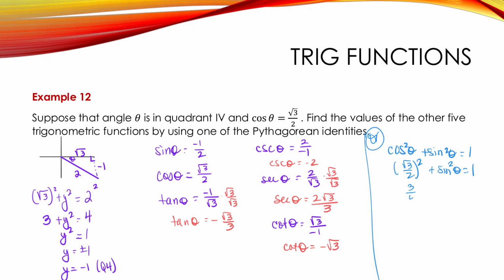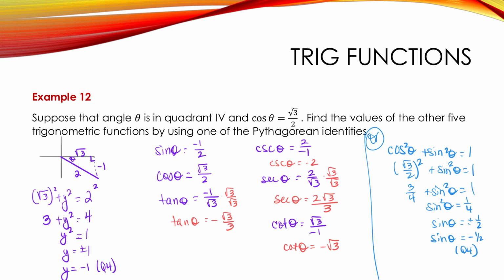This would be 3 over 4 plus sine squared theta equals 1, which means that sine squared theta equals 1/4, which means sine of theta is plus or minus 1/2. And because it's in quadrant 4, we know that cosine is positive. That means sine is negative, so we would say our sine of theta here would be a negative 1/2.